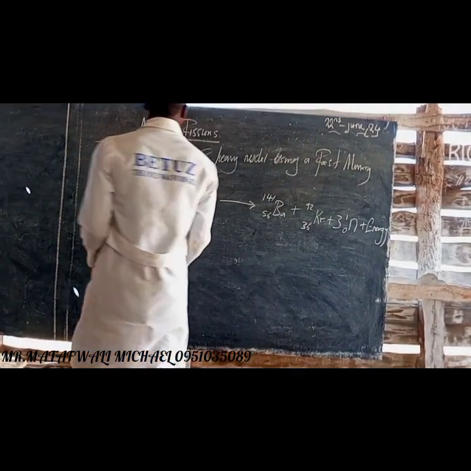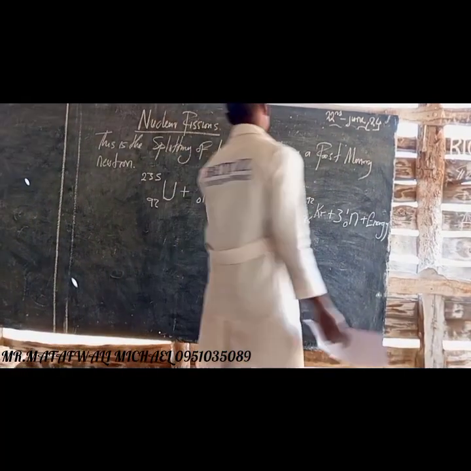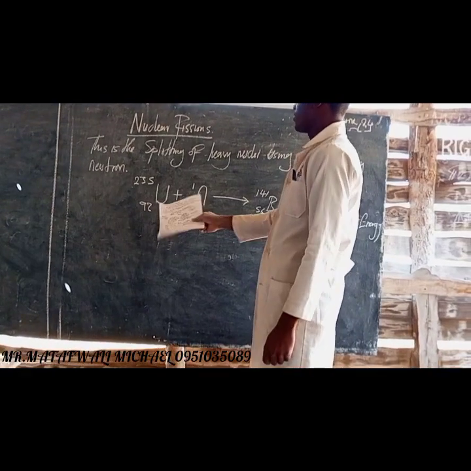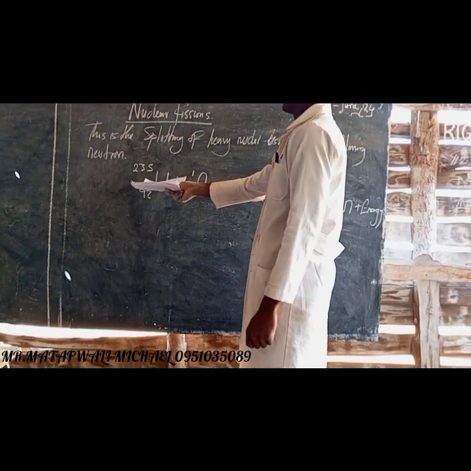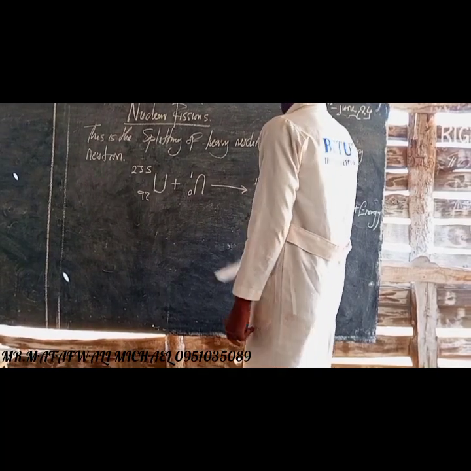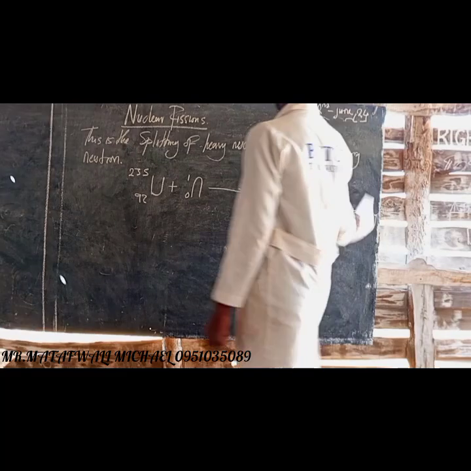So nuclear fission, this is the splitting of every nuclide using a fast moving neutron. So this is a heavy nuclide which has been split using a fast moving neutron to produce these lighter elements.